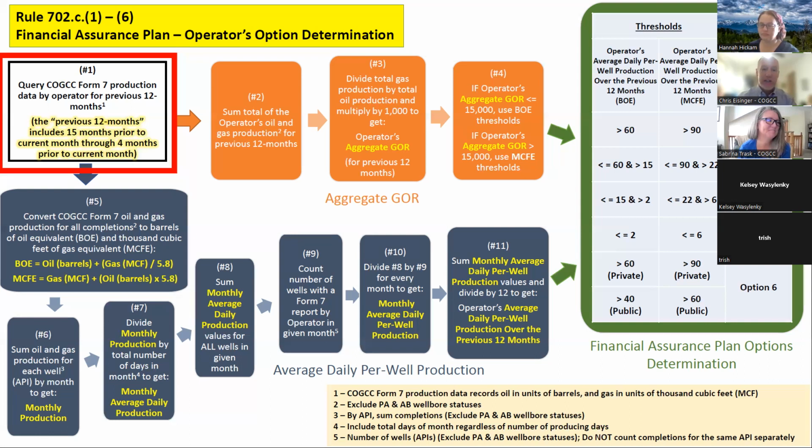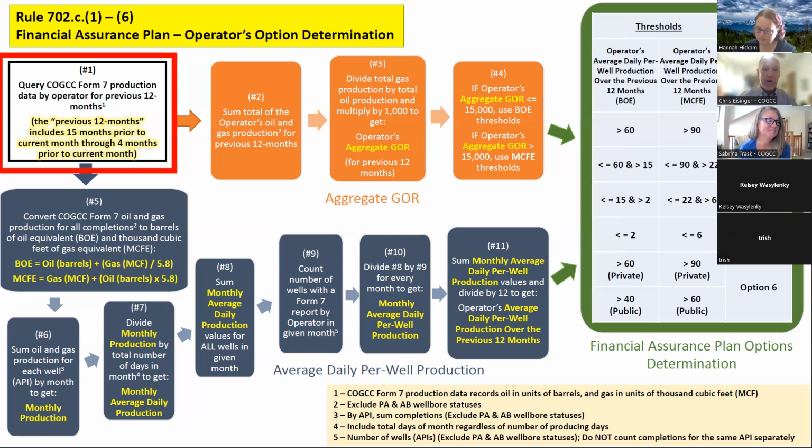A question that came up last week from a couple folks was about the 12-month window being used for Form 3 calculations that's used as part of the option determination. There was some confusion about what the months involved are for that, based upon the instructions that were given previously.